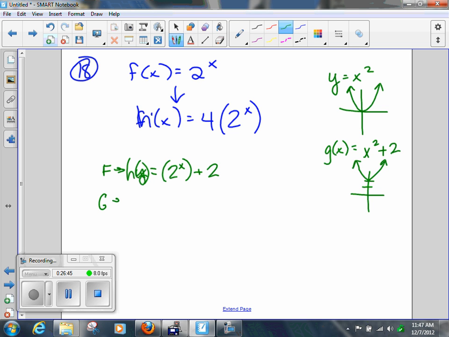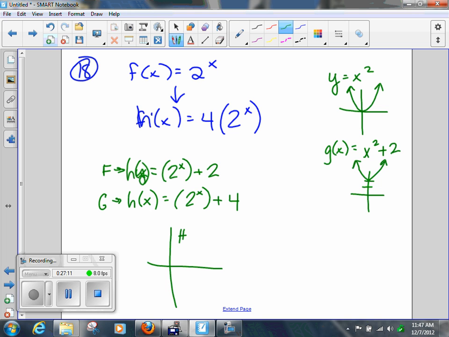If it were g, where it says shifted 4 units up, then my h function would be 2 to the x plus 4. That's what it would have to look like, okay? And then I got it narrowed down to H and J. And then I put both of those in the calculator.